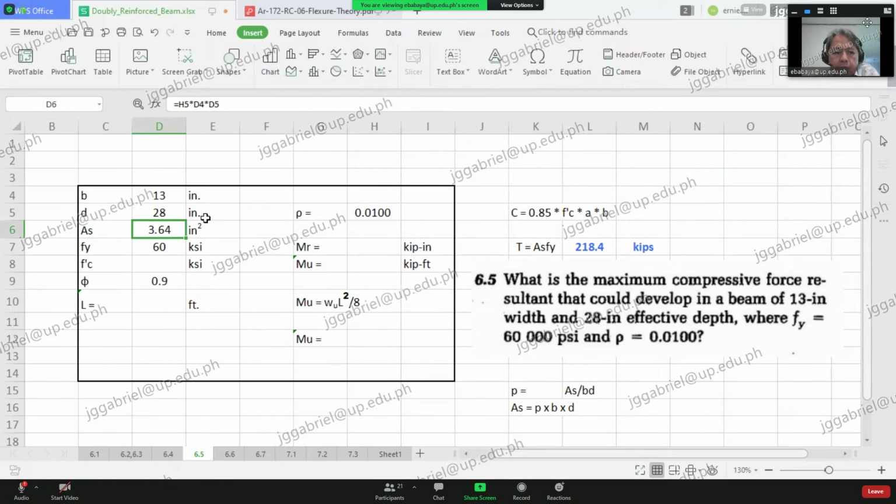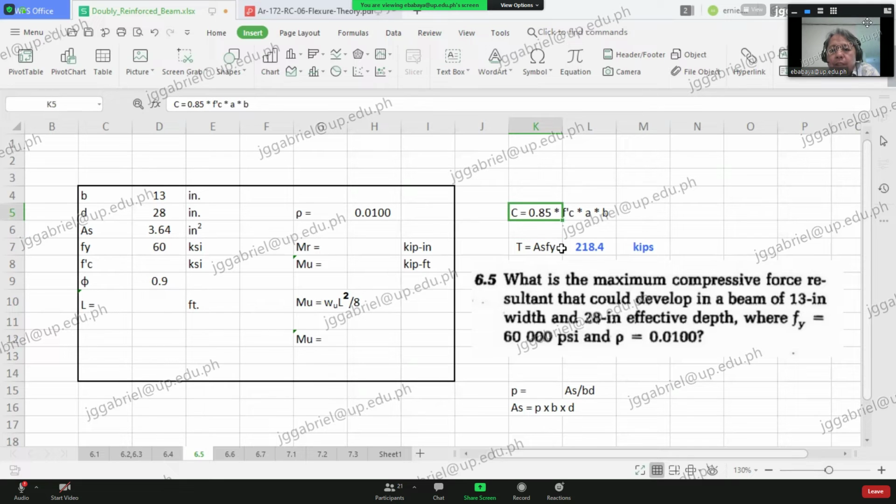Okay, so having that, because you are asked, it says maximum compressive force resultant. Dalawa yung formula natin for the compressive force. Pwedeng ito because we are equating the tensile force with the compressive force.